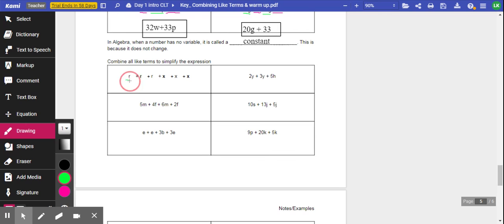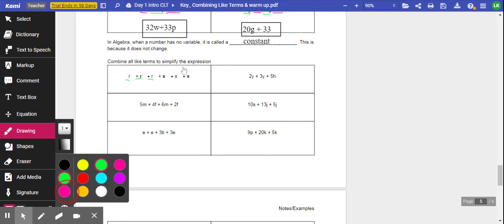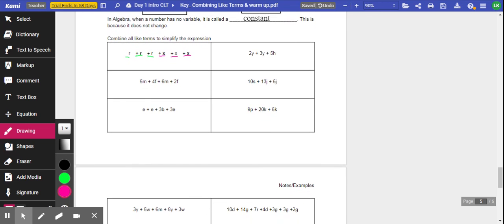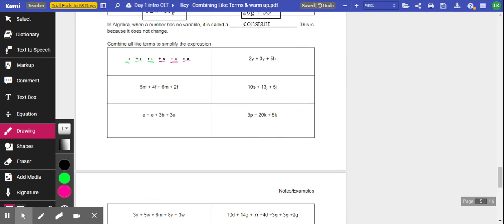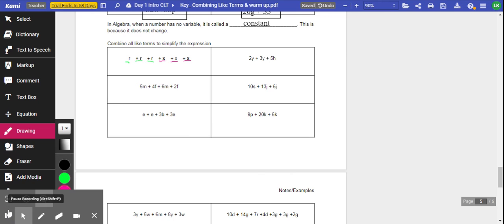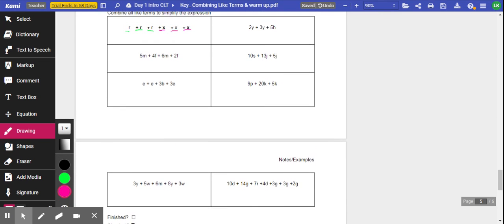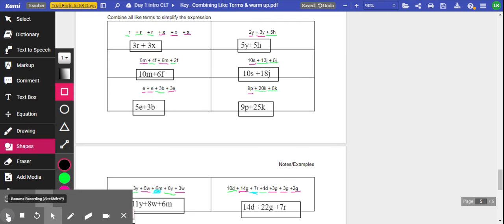So like my R's, I can combine, and my X's. Remember, when the variable is by itself like this, it just means there's one of it. All right, go ahead and try these problems here. And then hit play to check in.